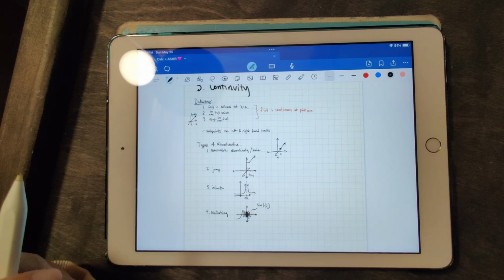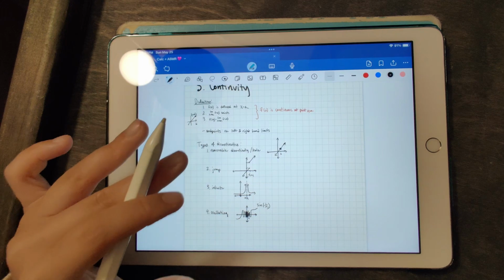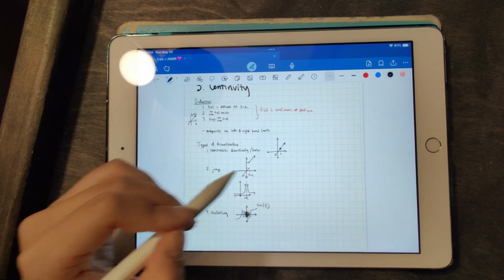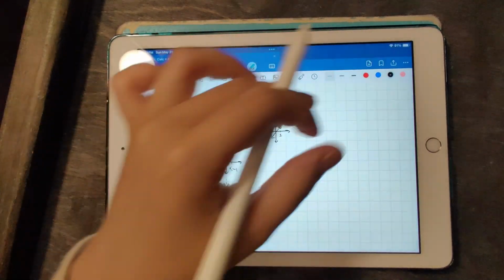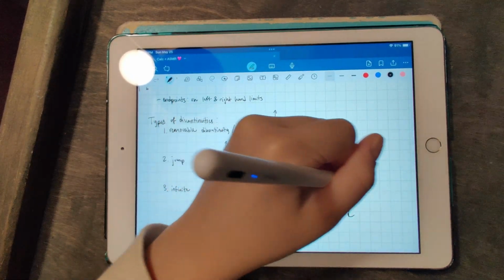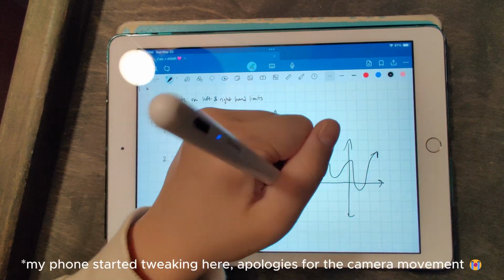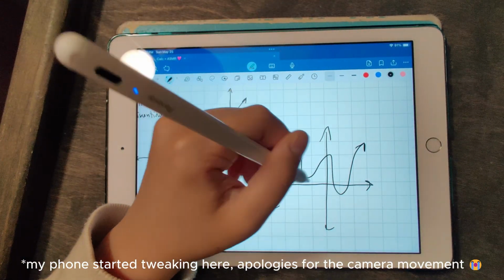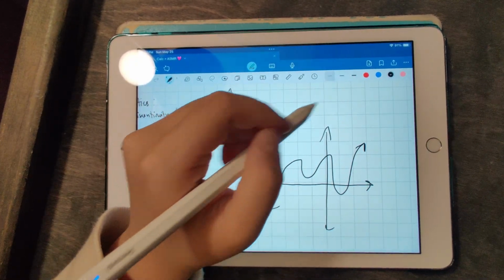The thing about continuity in general, thinking about it graphically, is that if you just think about what it looks like on the graph, a discontinuity occurs when you have to lift up your pen from the paper. If you are able to draw a function without lifting up your pen at all, then this function is continuous on its domain.